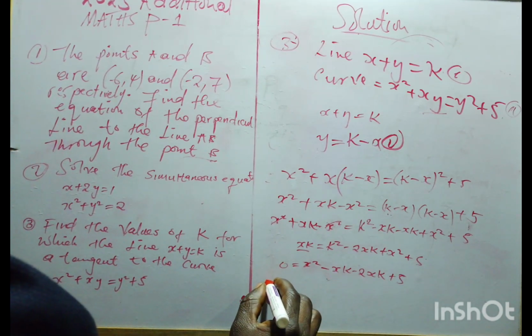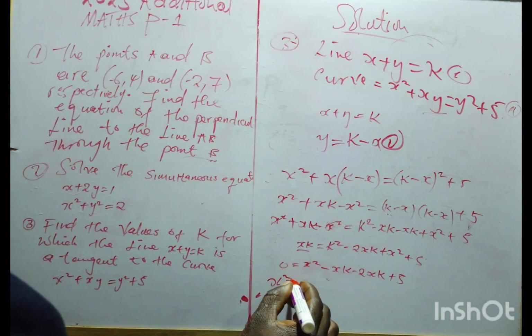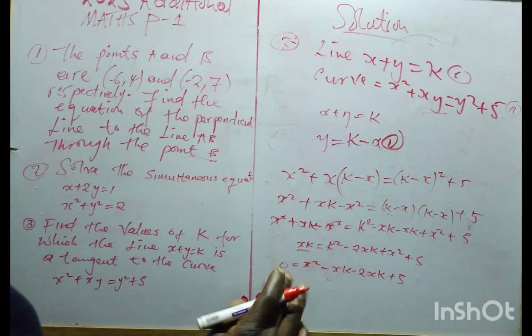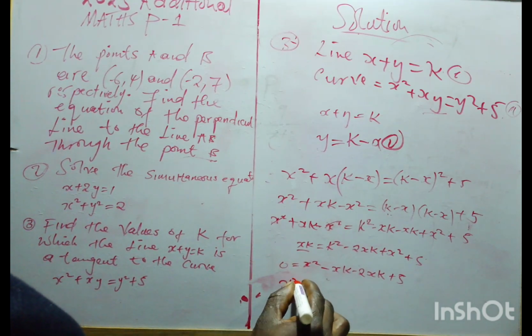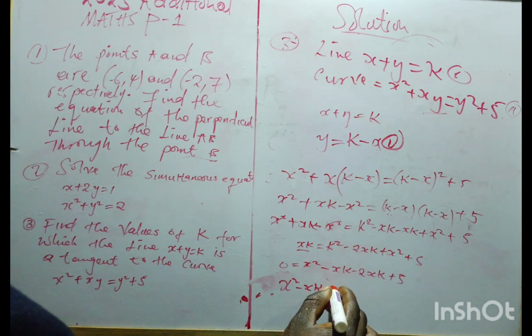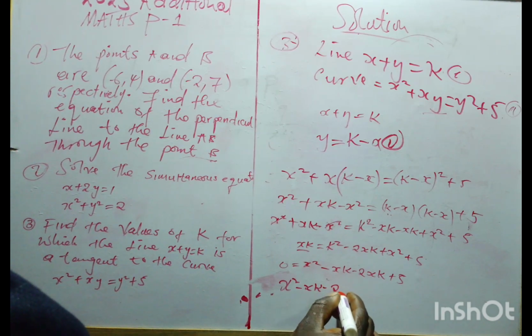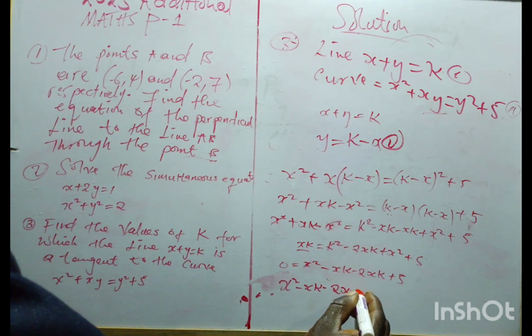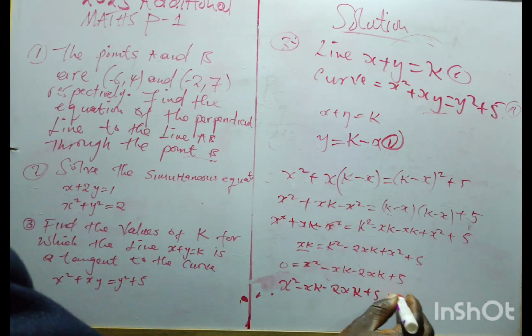So in here we can say x squared minus xk minus 2xk, and plus 5, which will be equal to 0.